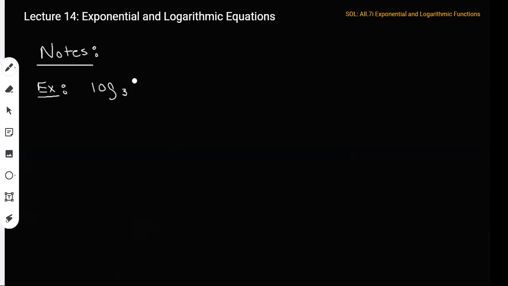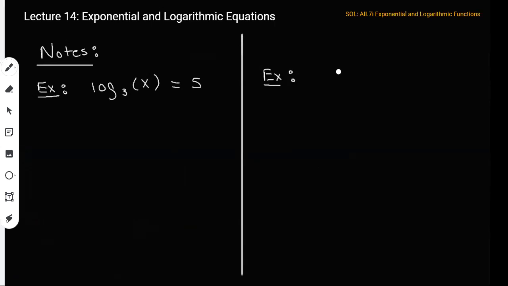Logarithm base 3 of x is equal to 5. And then on the other side, we'll do an exponential equation. 2 to the x power is equal to 16.